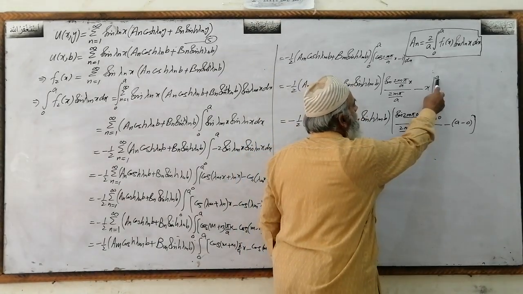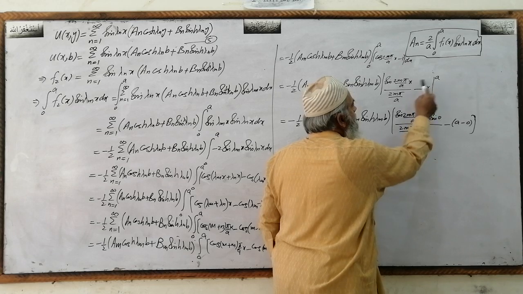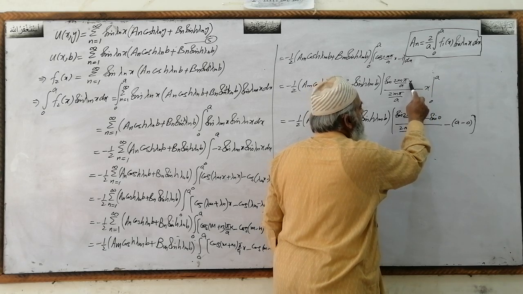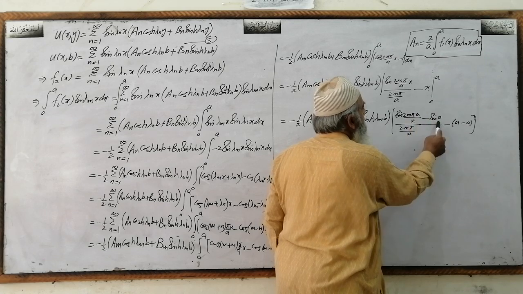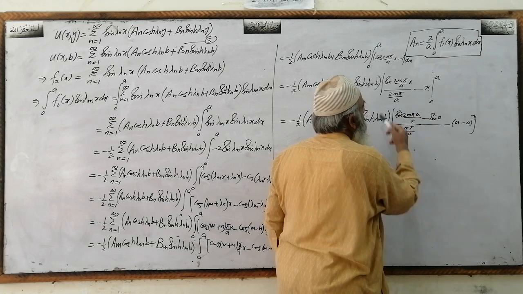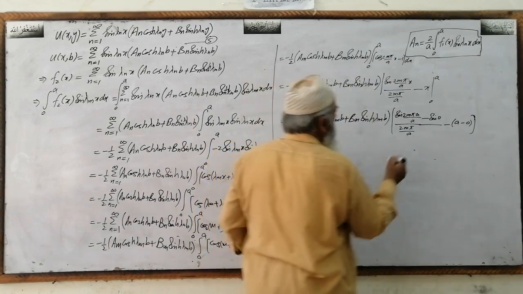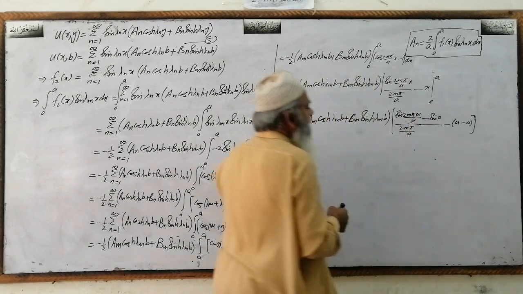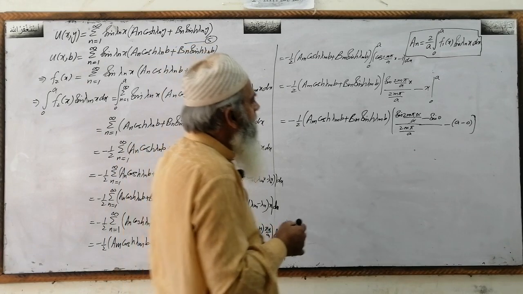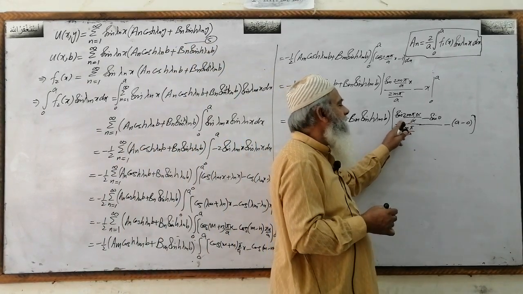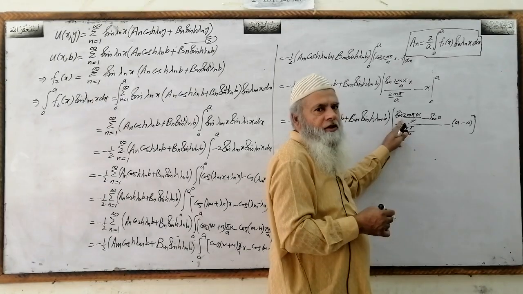When you apply the upper limit in place of x, you replace x by a, and minus sin 0 divided by this thing, upper limit minus lower limit. Now a will be cancelled out with this, and when an integral multiple of pi appears in the angle of sine, the answer is 0.